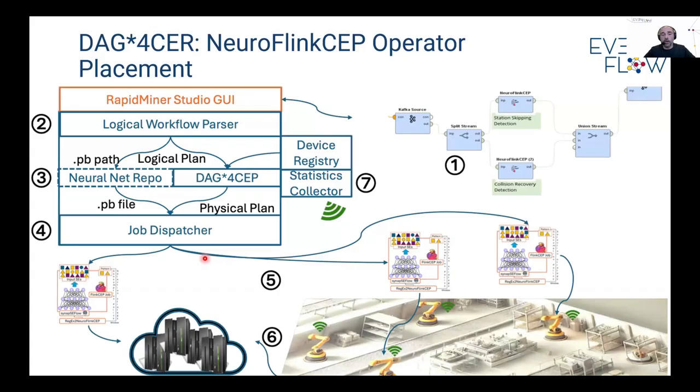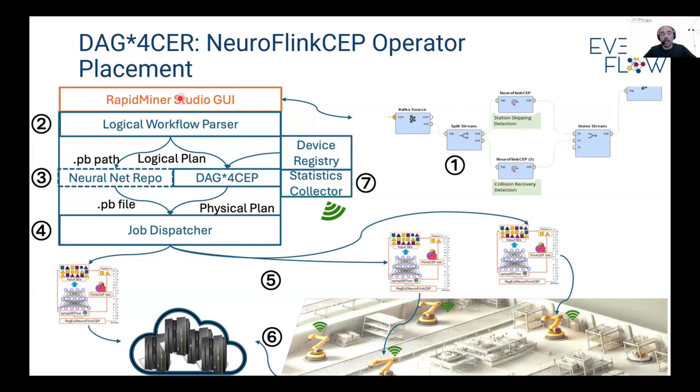This is the overall picture of the NeuroFlinksep architecture. The user provides a logical workflow which incorporates the application logic, but it is deprived of any physical execution details. This workflow has NeuroFlinksep operators besides traditional stream processing operators.